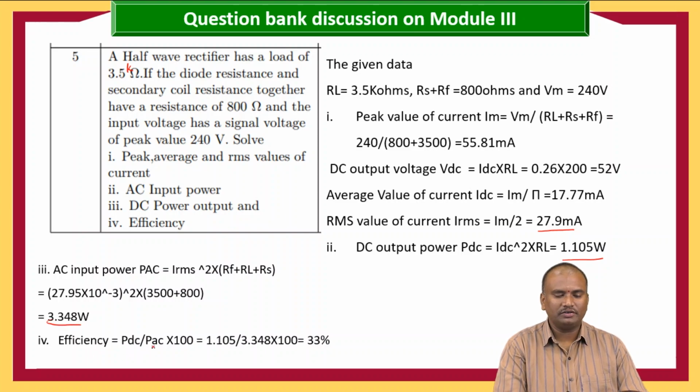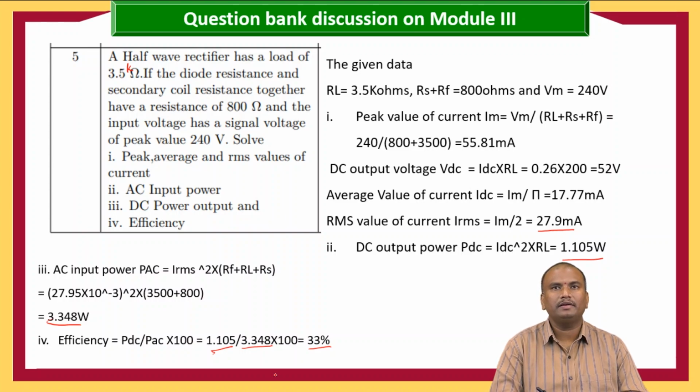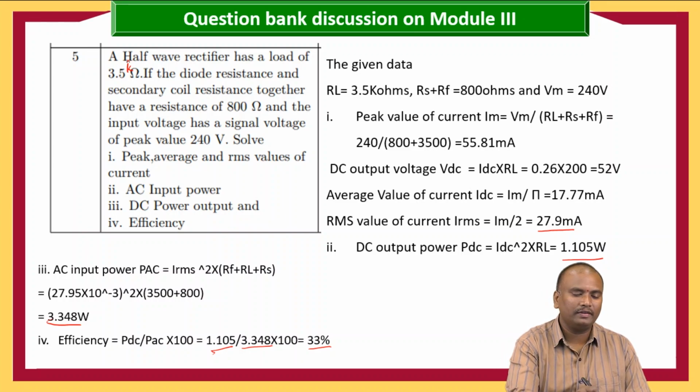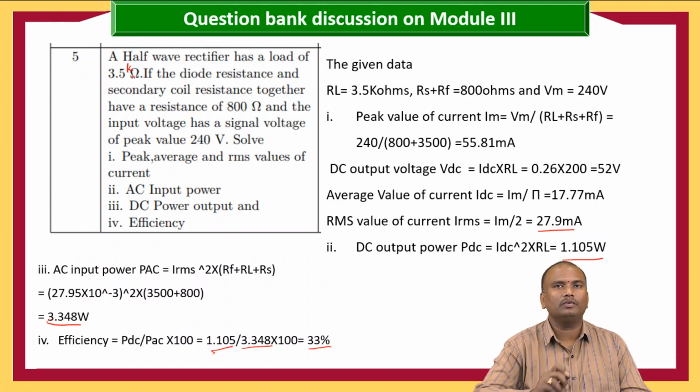And efficiency is equal to PDC by PAC into 100, that is 1.105 by 3.348 into 100, which is approximately 33%. And here the load resistance value is 3.5 kilo ohms.